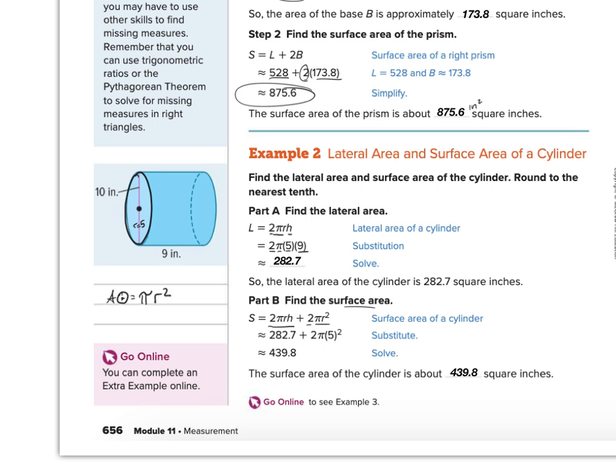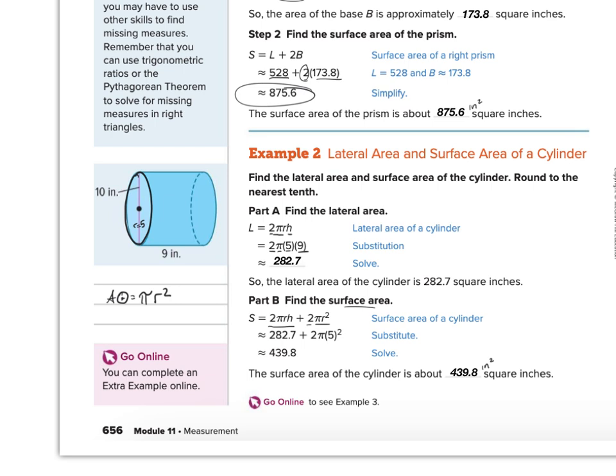They said, hey, we've got 2 bases, so multiply 2 times the area of the base, added those 2 things together, and came up with 439.8. And again, square inches, or inches squared, because area is a length times a width in essence.